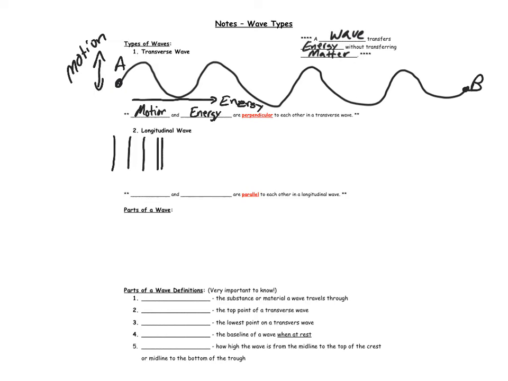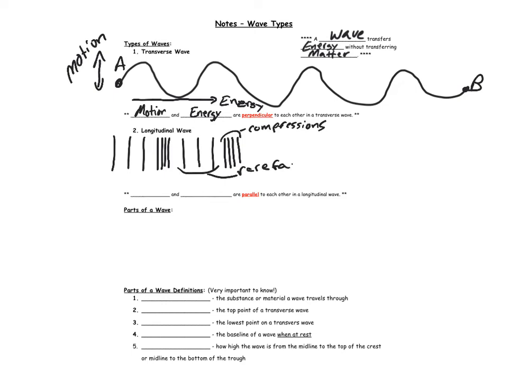Don't imagine what I'm drawing as actual particles; imagine these as wave fronts, like if you're looking at the ocean, wave fronts coming through. And in a longitudinal wave, you've got series of compressions and rarefactions. So these areas right here are known as compressions, and then these areas right here are known as rarefactions.